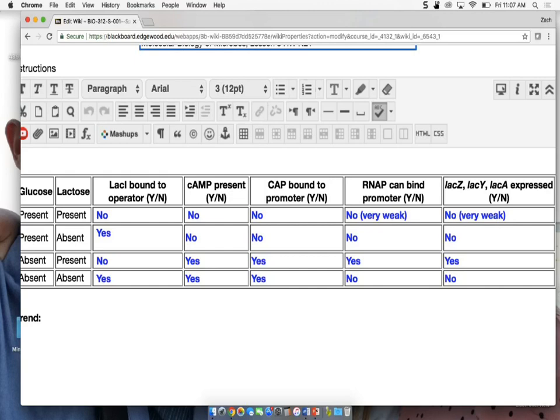In the presence of glucose but the absence of lactose, we find lac I being bound to the operator. Cyclic AMP and CAP are not present, and we get no binding of the RNA polymerase and no transcription.